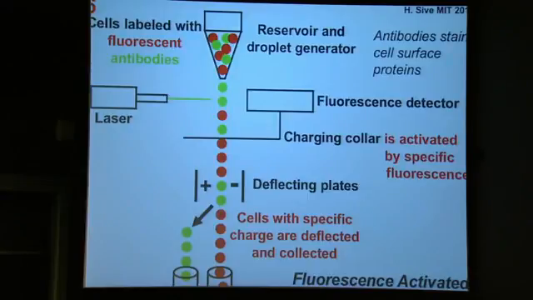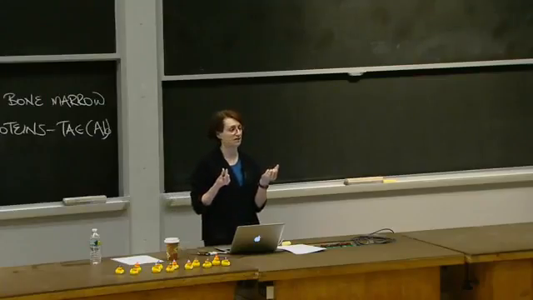It excites the cells, and if the cells emit in the particular wavelength you're interested in, the detector will detect that, and then it actually gives a charge to the cell that it is the correct fluorescence. And as the cells are dropping down, the cells of the correct color are deflected by an electric charge, and different color cells can be collected into different flasks.